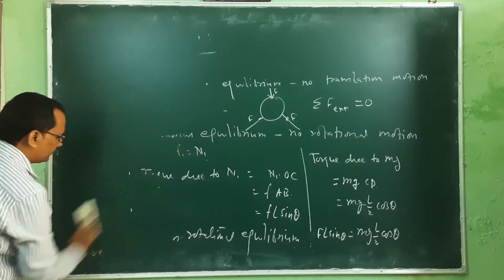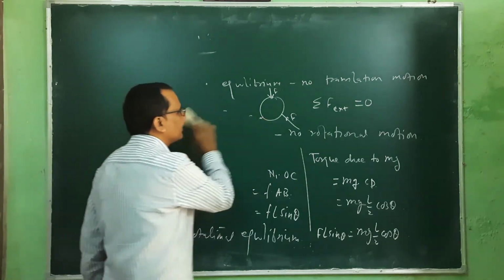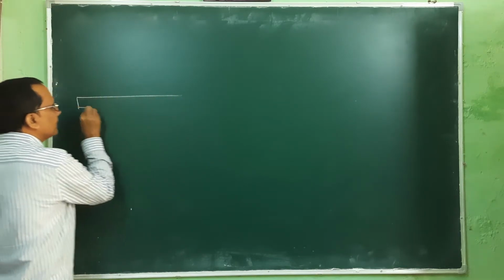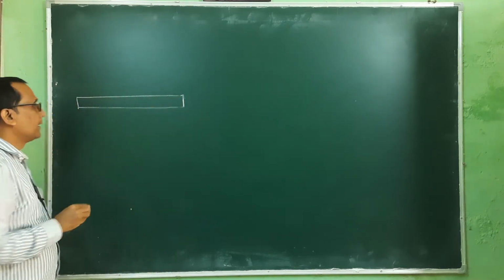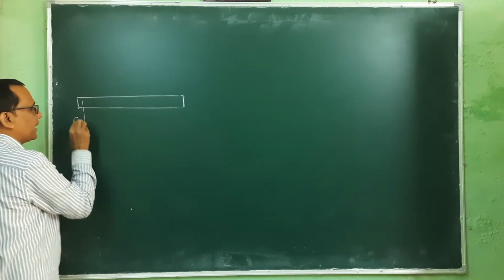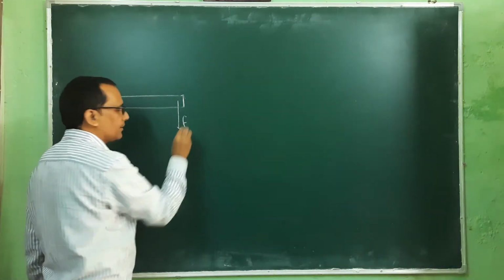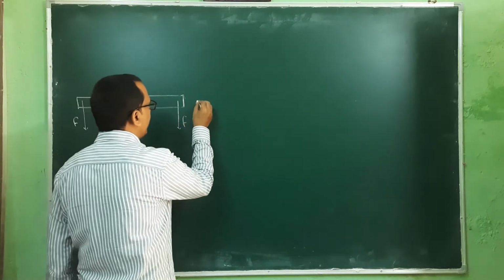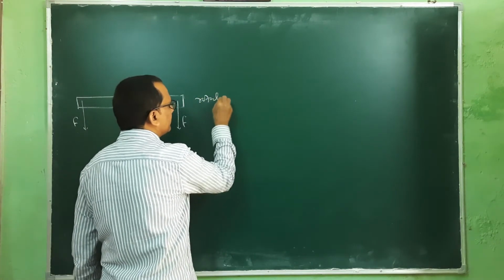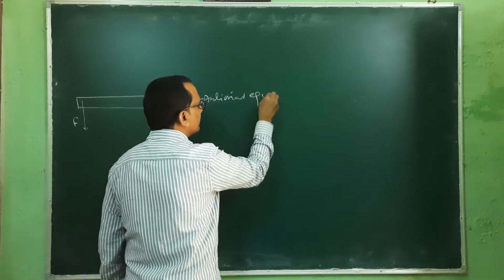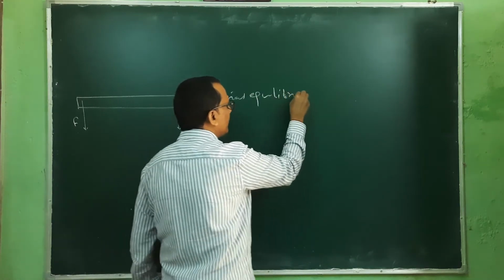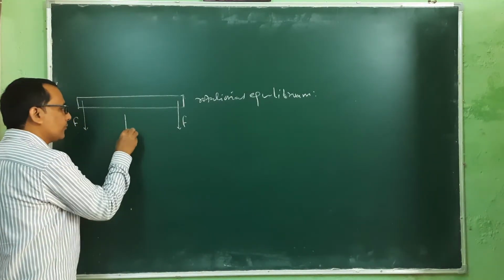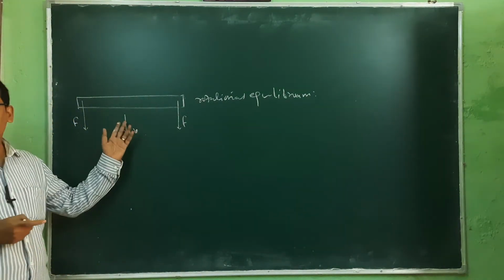And if we have a rod like this and we apply identical forces at these 2 points, then this may be in rotational equilibrium, but it will move with a constant velocity, so there is no translational equilibrium.